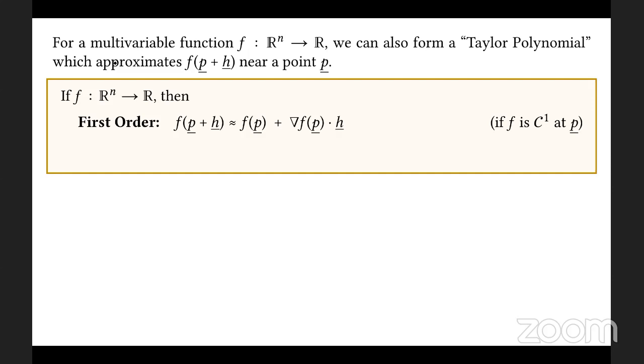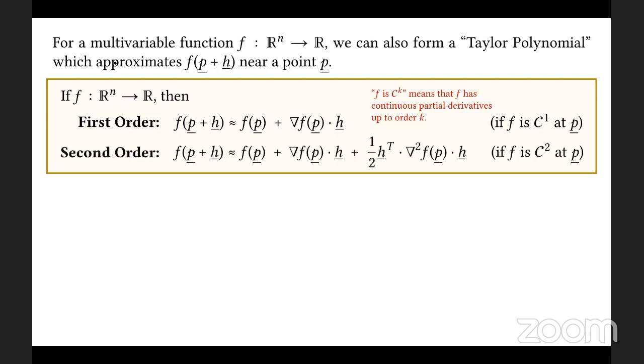Okay, and actually if you wrote this out for a function of 2 variables, you'd get exactly the equation of the tangent plane. Just as a reminder, when we say f is C^k, we mean that it has continuous partial derivatives up to and including order k. Okay.